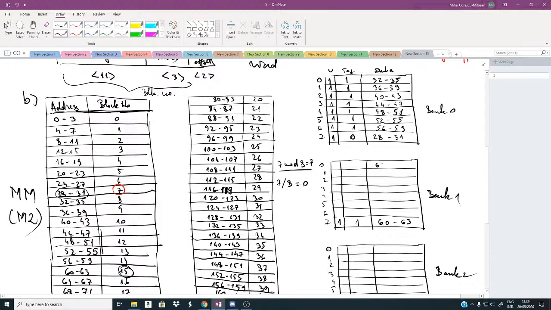Then 64 to 67, that's block number 16, modulo 8, that's 0.